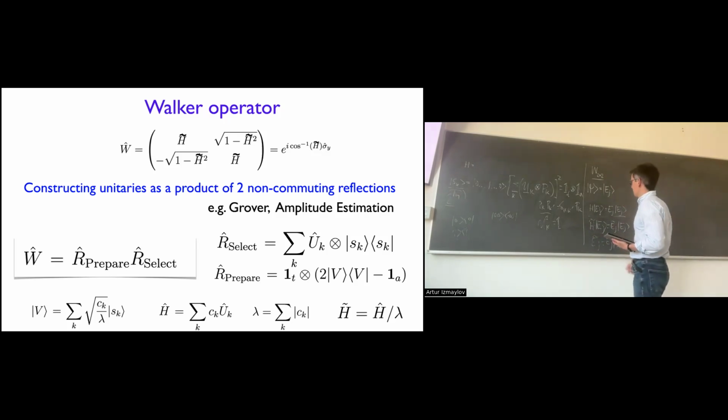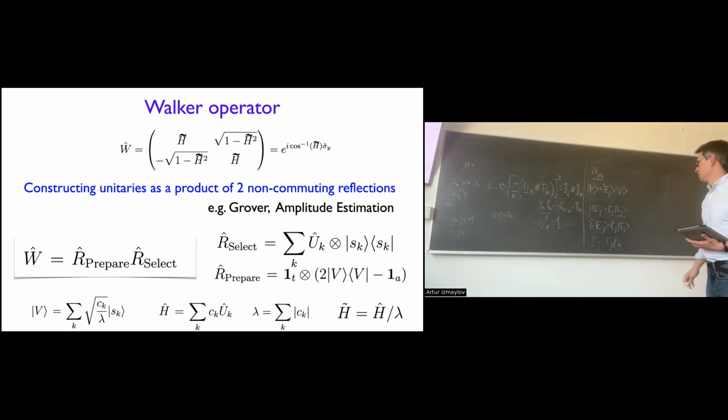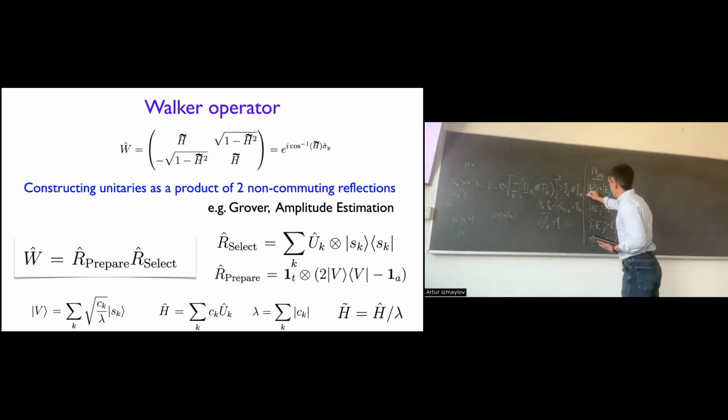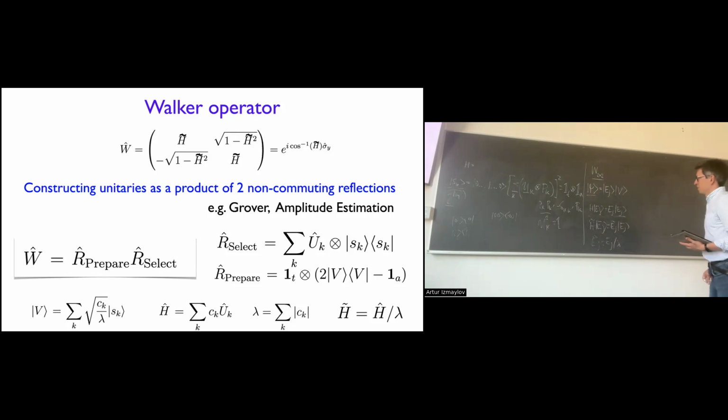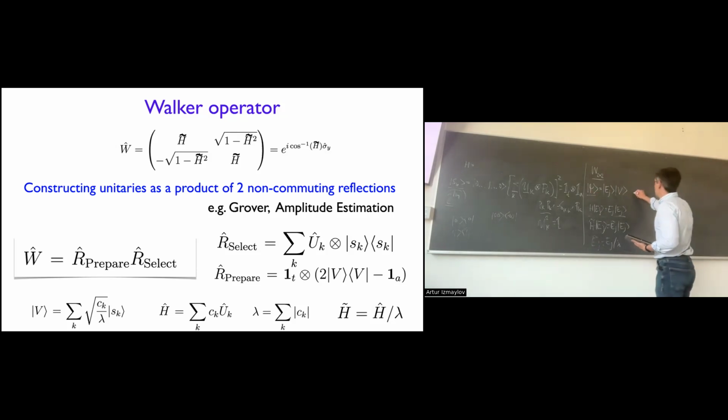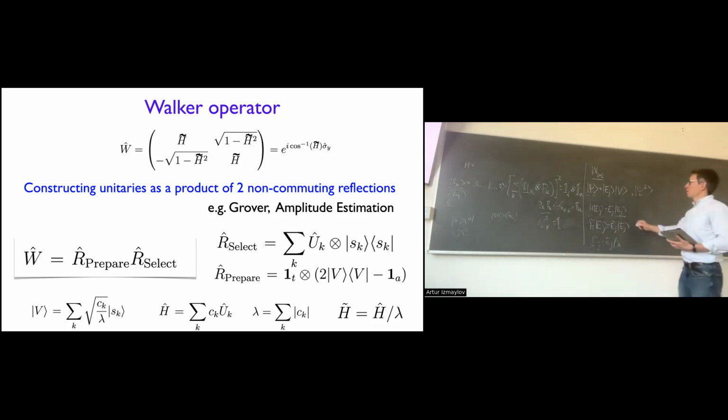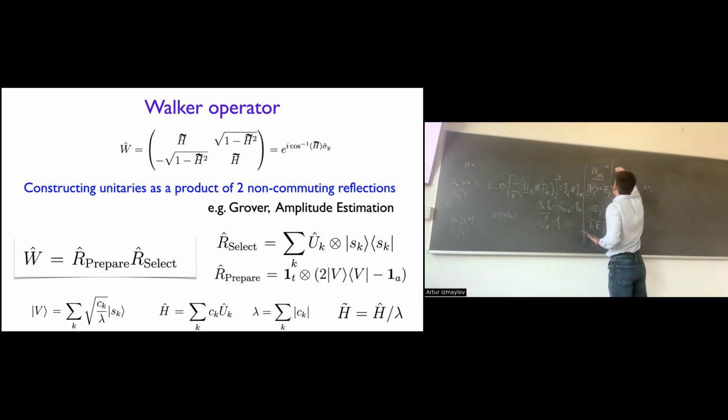So this is an eigenstate of the Hamiltonian, and then there will be this V state for the ancilla qubits. So this is the first state, and then we will also construct the orthogonal state to it. And on this subspace of this state and this orthogonal complement, this Walker operator, we will see, will look really nice.